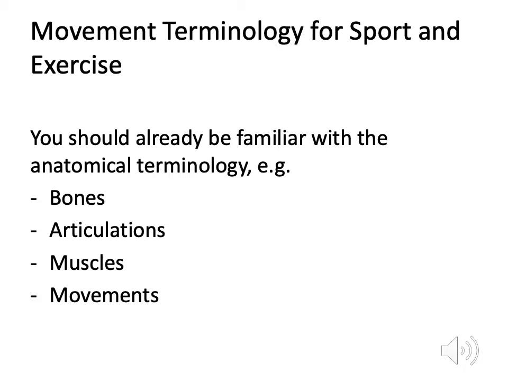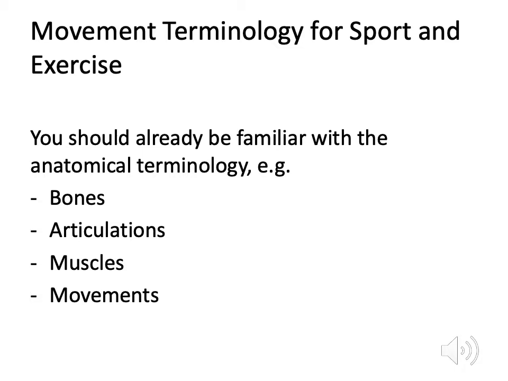So as opposed to the shoulder joint, if we remember weeks and weeks ago when there were some presentations prepared by small groups, we started to identify that there are actually sometimes several different joints in what we call, for example, the shoulder. So we have the glenohumeral joint, which is the ball and socket joint we might more commonly know as the shoulder. We also have the acromioclavicular joint. So we need to be familiar with some of those key names.